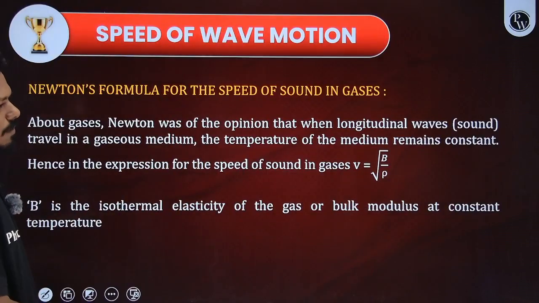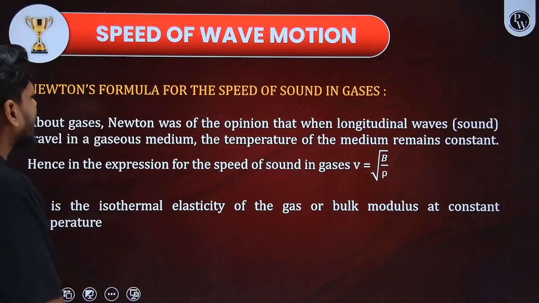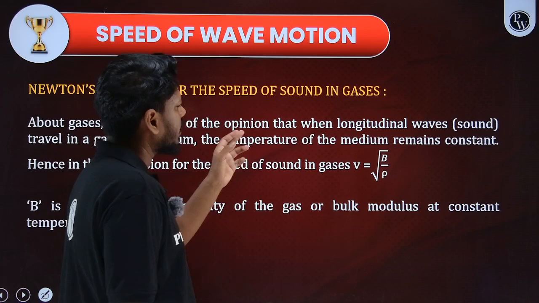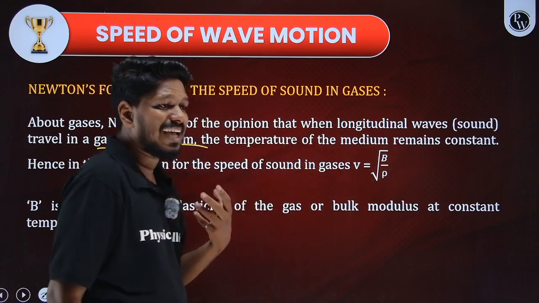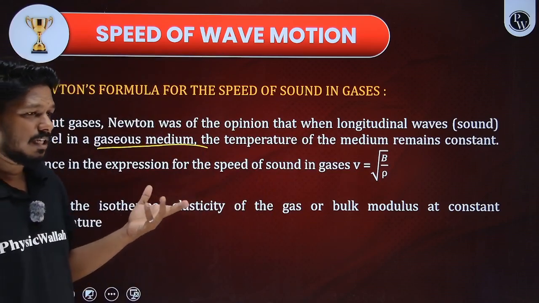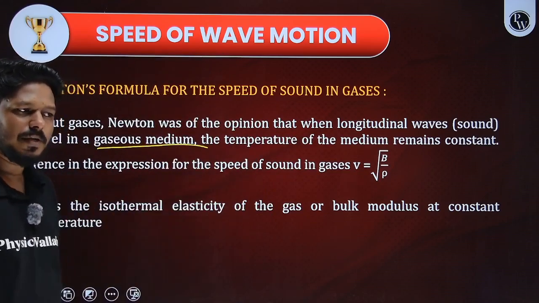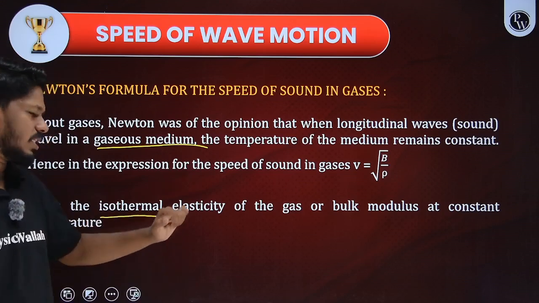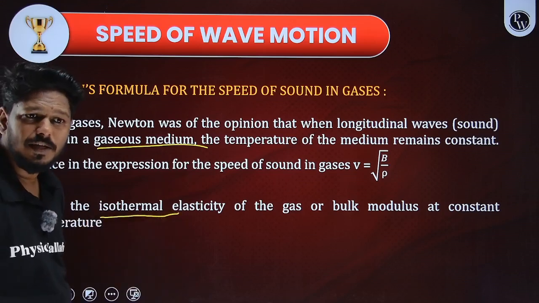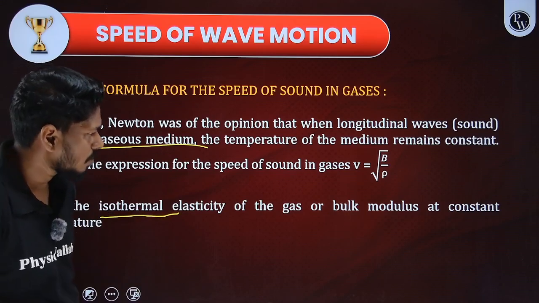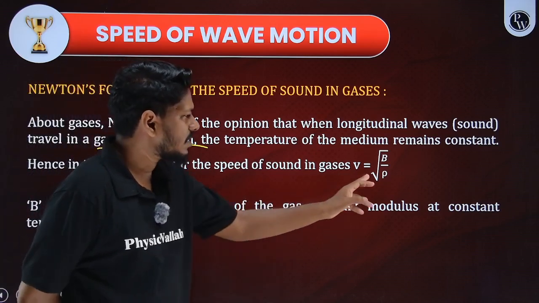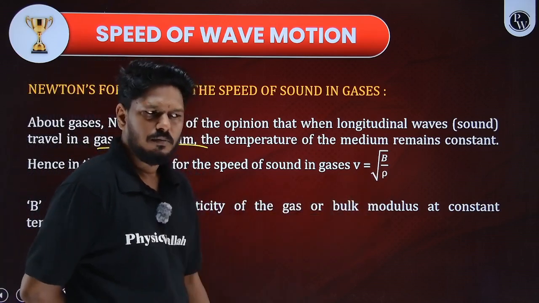So Newton came up with a formula about gases. Newton was of the opinion that when longitudinal waves travel in a gaseous medium, the temperature will be constant. If the temperature is constant, what do we call that? Isothermal process, right? So he gave velocity equal to root of B by rho, because it is gas.